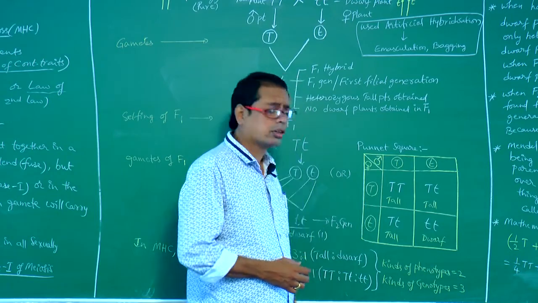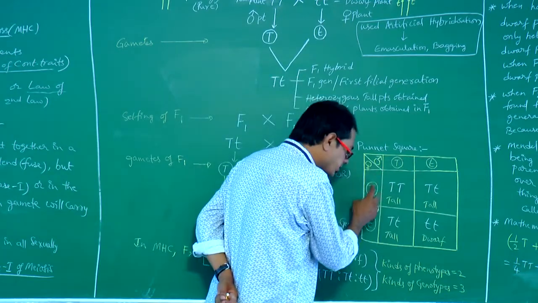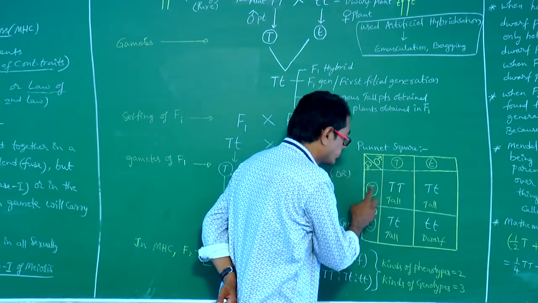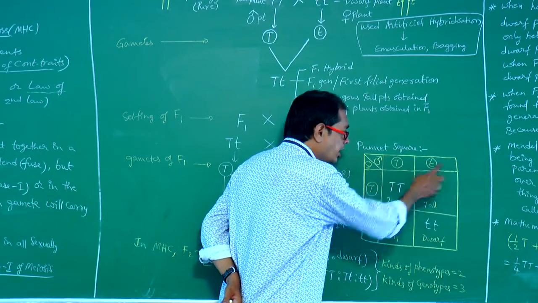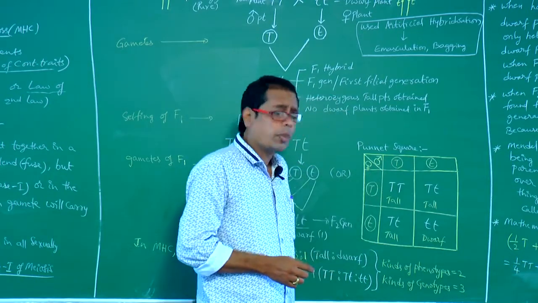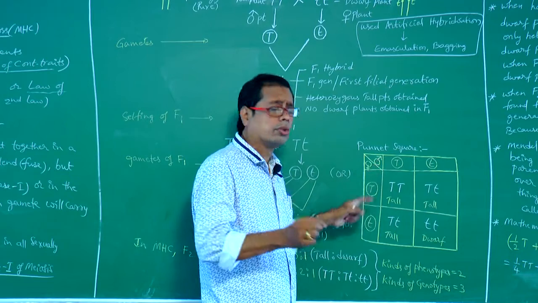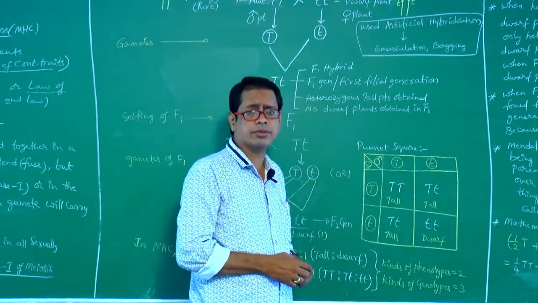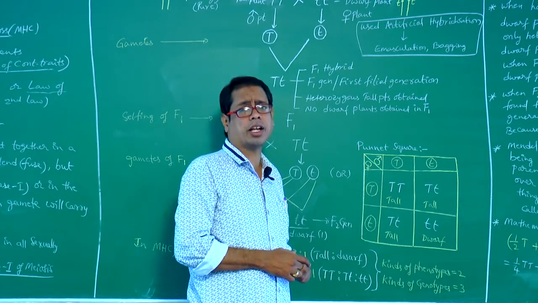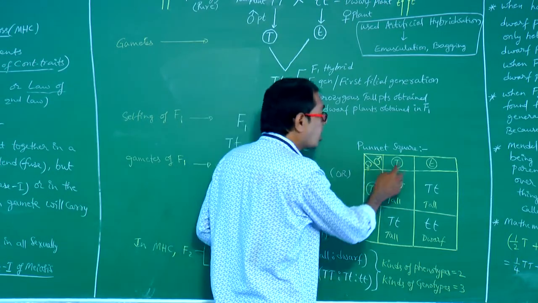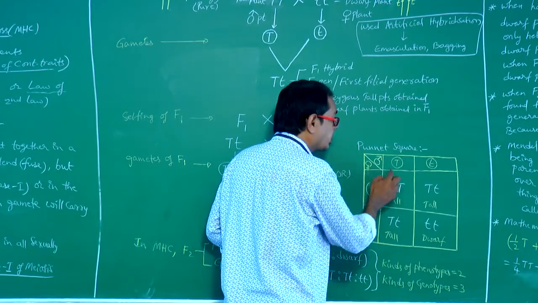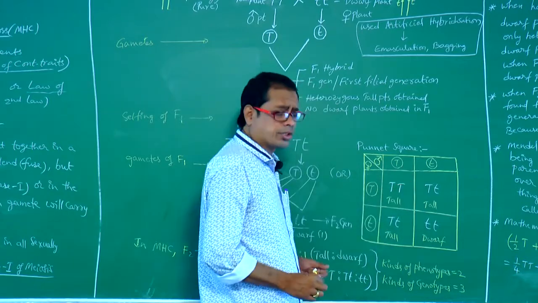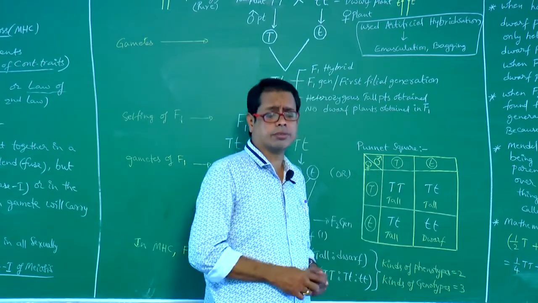What are the uses of this Punnett square? Uses means the type of gametes we know. These are the male gametes. These are the female gametes. Punnett square is useful to know all the gametes which are involved in fertilization and union of gametes, that is, zygote formation.